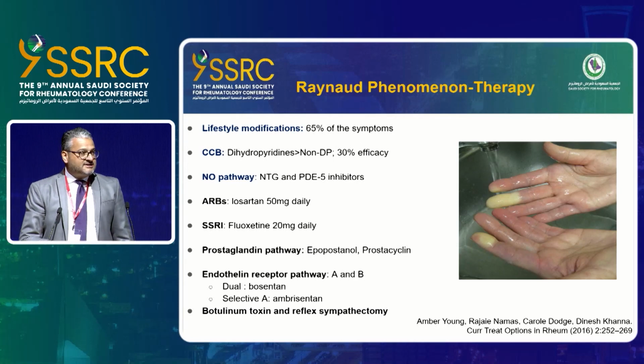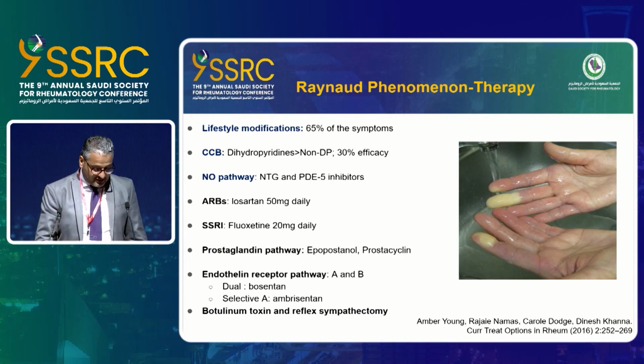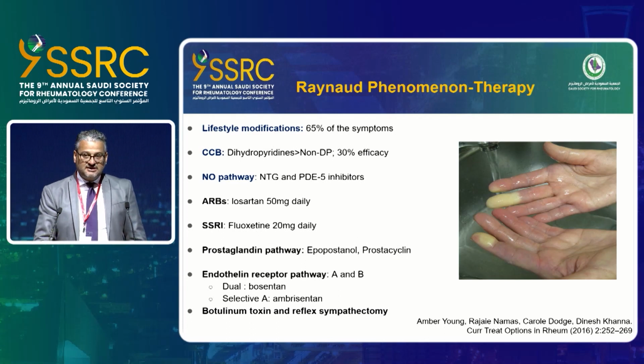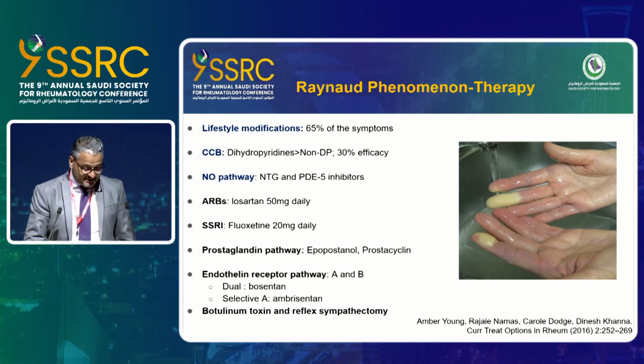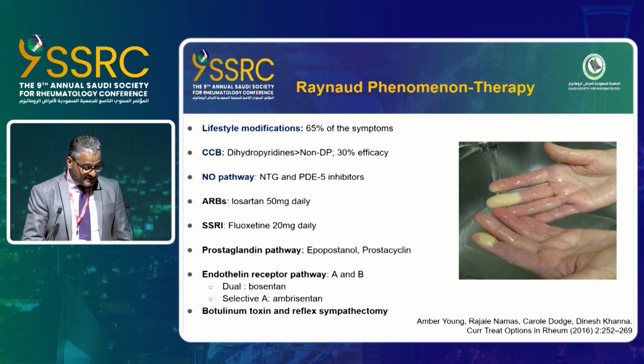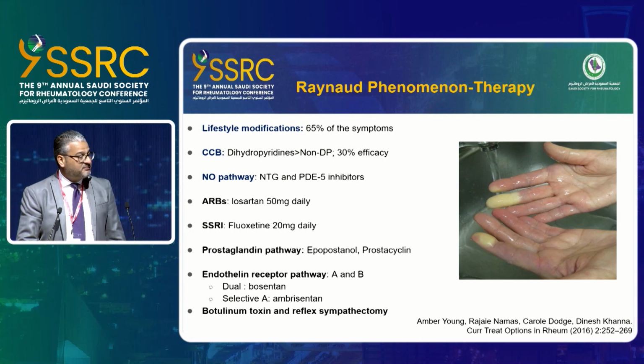In summary, briefly, the therapies that we recommend include lifestyle modifications, and it works. About 65% of the time it can help. We'll talk about them: calcium channel blockers, the nitric oxide pathways such as nitroglycerin paste, PDE5 inhibitors such as sildenafil, tadalafil, and other medications, ARBs like losartan, SSRIs like fluoxetine, an antidepressant, prostaglandins, epoprostenol, prostacyclin.